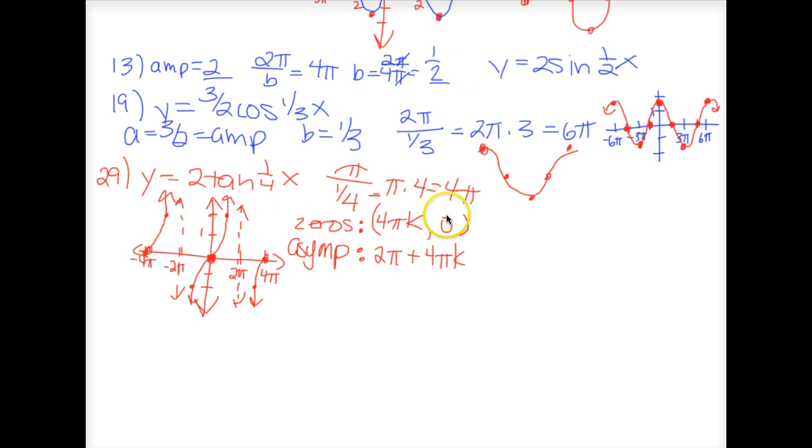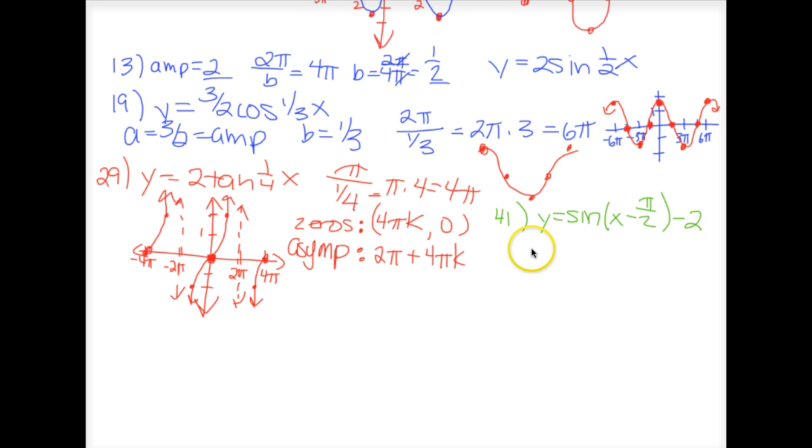So we already covered how to change the period, how to change the amplitude. Now we're going to look at making sure that we know how to do the horizontal and the vertical shift. So I'm going to look at number 41 for that, which is y equals sine of x minus pi over 2 minus 2.